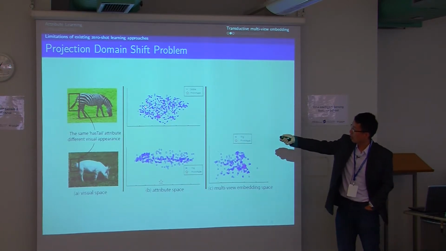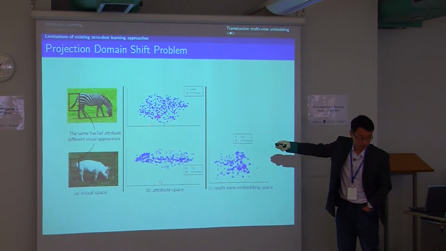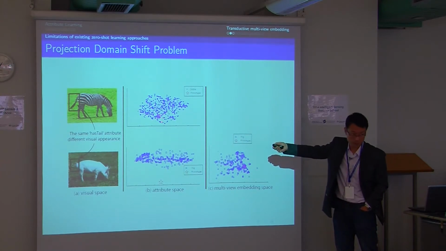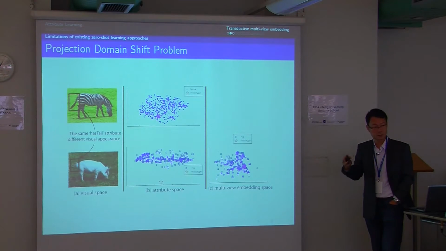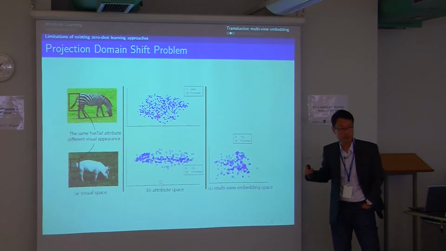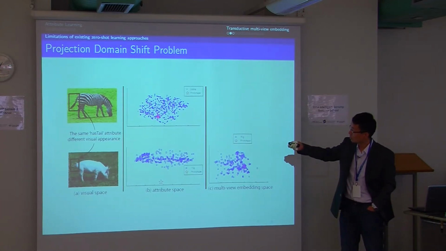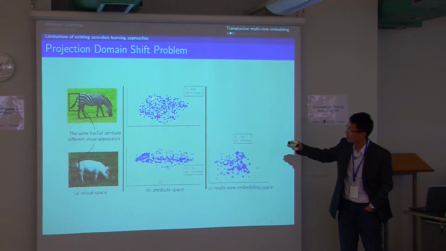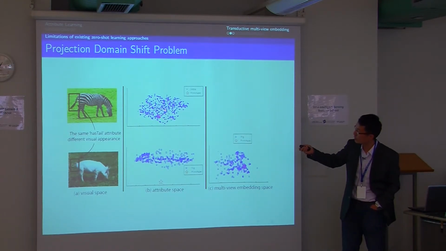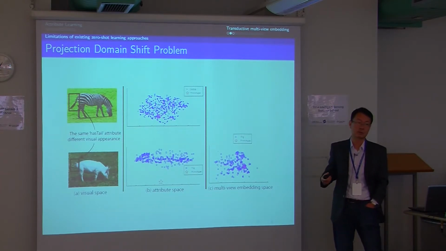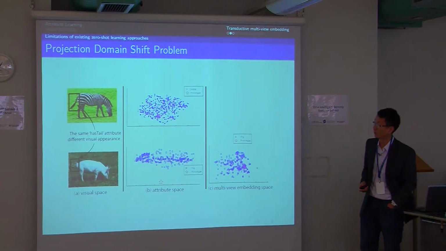Let's say this is the zebra class, and this is the prototype for zebra, which means you have a tail, live on grassland, eat grass, has stripes, and so on and so forth. This is the prototype, and these are all the images I projected into the attribute space. You can see that the prototype is in the middle of those data points.